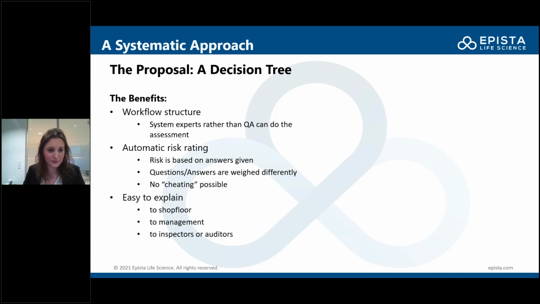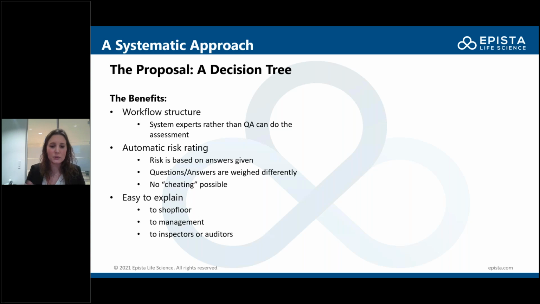And last but not least, the really, really big benefit is it's easy to explain. So on the one hand, to the shop floor level, so QC staff, operators in your manufacturing lines, people understand the approach. Management understands the approach. It's logical. If you say to them, okay, here we have a high-risk system, and they ask, well, why is that a high-risk system?